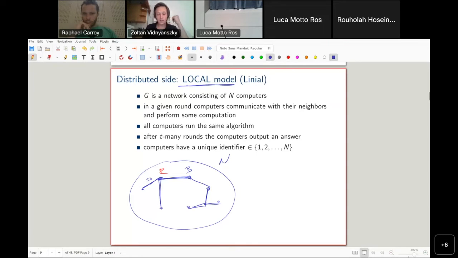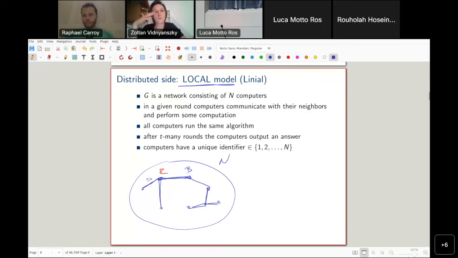Okay, since this is distributed computing, it's a reasonable assumption that every computer has to run the same algorithm. So you cannot really distinguish between the computers.